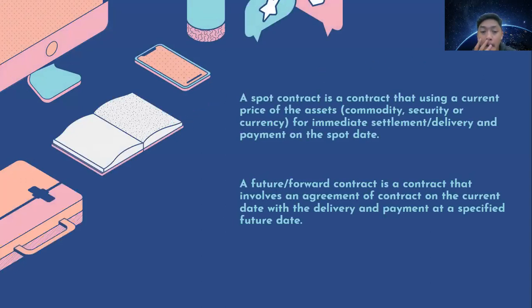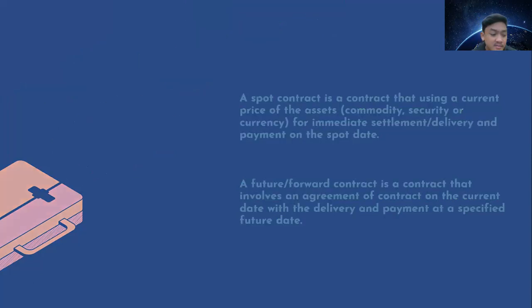Spot contract is a contract that using a current price of the assets, commodity, security, or currency for immediate settlement and delivery and payment on spot date. And for the future forward contract is a contract that involves an agreement of contract on the current date with the delivery and payment at a specified future date.